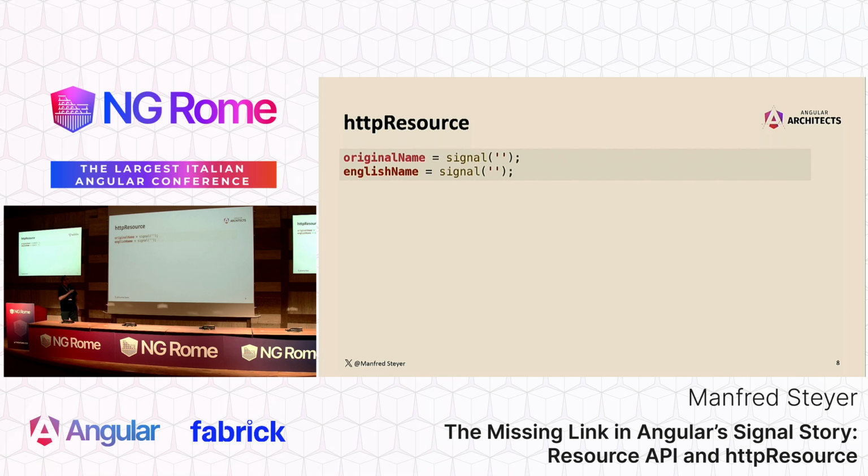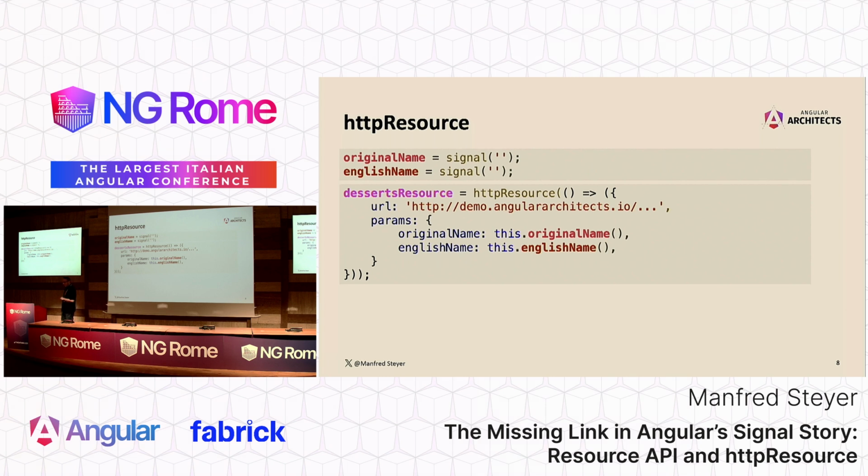In my case, the original name is a red marble in my marble run, and the English name is a dark red marble in this marble run. What I have here is a resource, an HTTP resource, and you already see my red and dark red marble goes into this HTTP resource.